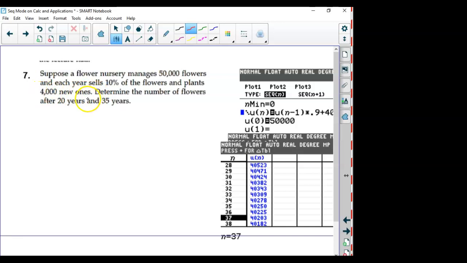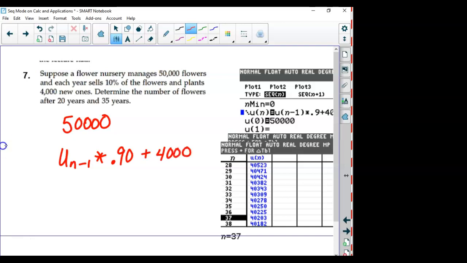Do you see how that's like the first question we did about the school population? So they start with 50,000 plants, and then they take that amount and they do what to it? If they sell 10%, how many remain? 90%.